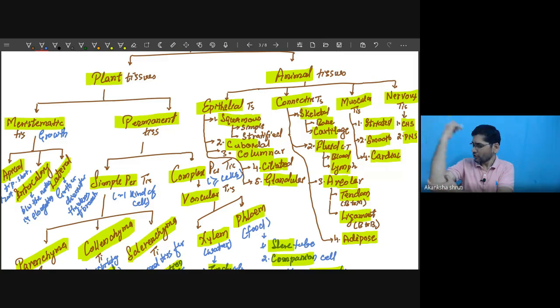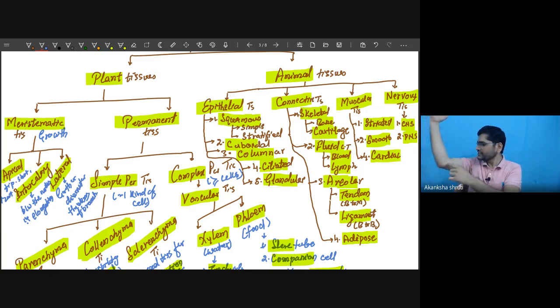Ligament is present at all the joints of our hand, our ankle, our knees, everywhere there is ligament. Wherever two bones or pieces of bones are there and they are moving over one another, in between the bones, this is bone, this is another bone.